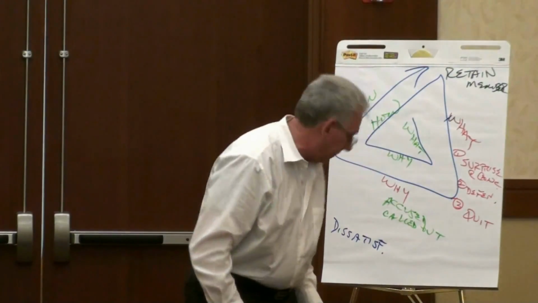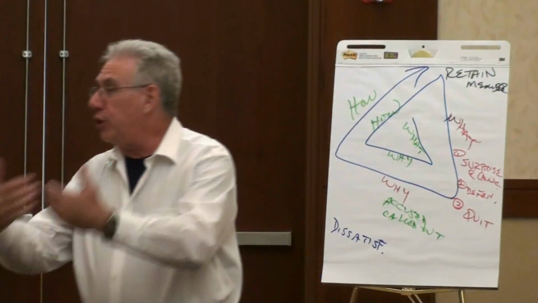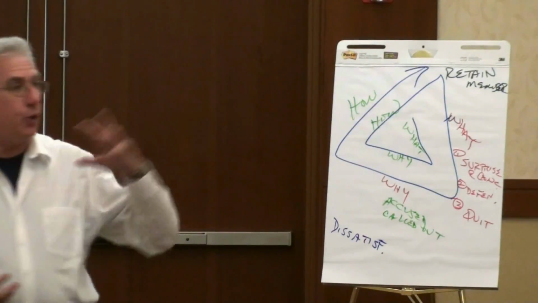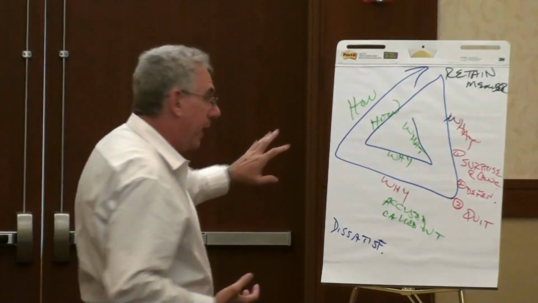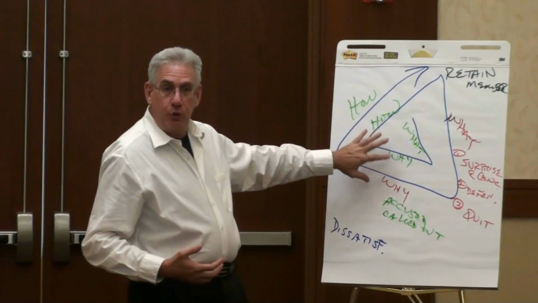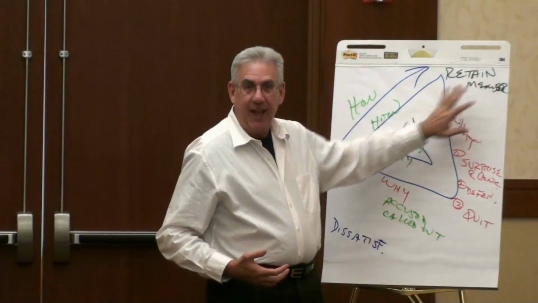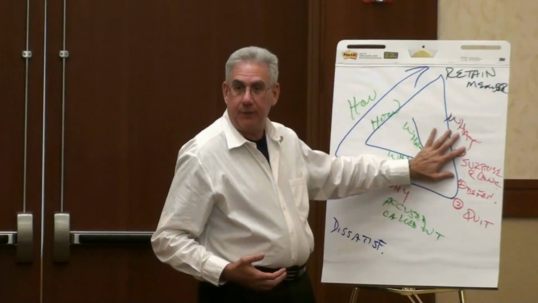So here's the thing. When you use this tool, you're going to go through some of these scenarios using the double triangle. And then you're going to pick the scenario that you believe will best get the outcome that you want, and then you're going to implement that scenario.